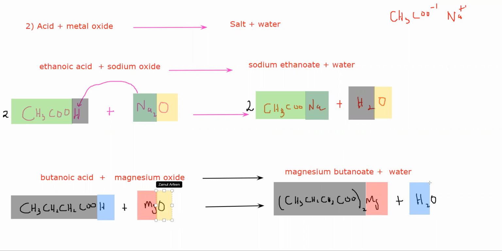Then we have to balance. So 2 hydrogens in the blue shade, 1 hydrogen in the blue shade. So I put 2 so that hydrogen will be balanced. And others are all balanced. You can check. Is it clear? These are the reactions of acid with metal oxide and metal.